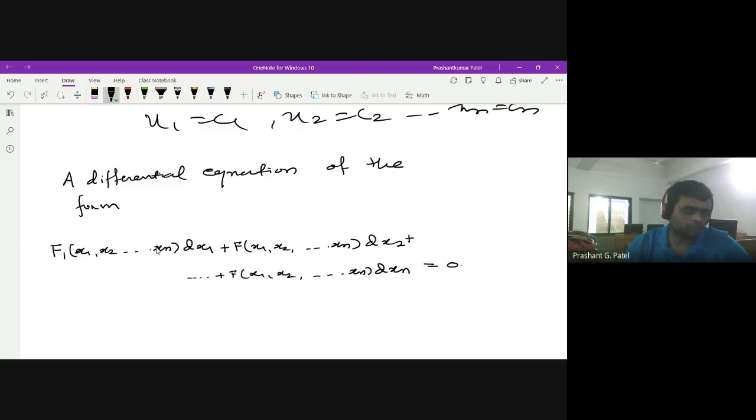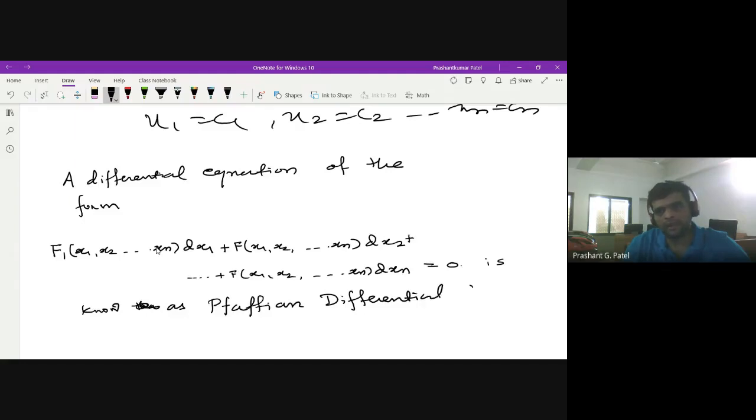So an equation of this form is known as a Pfaffian differential equation.